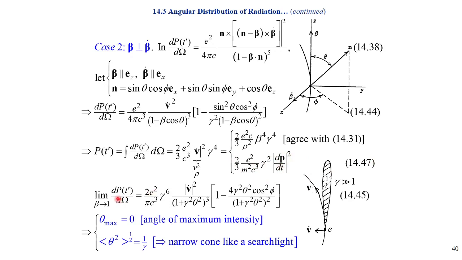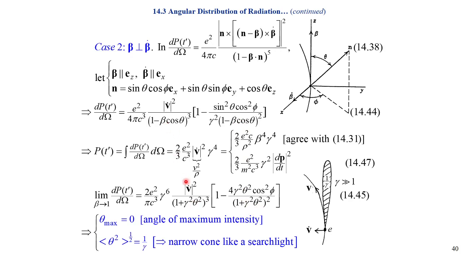So when beta is close to 1, the P_t prime over d omega is here. Or you can write it into this form. Just rewrite it into here. Beta close to 1. We can rewrite it into this form.